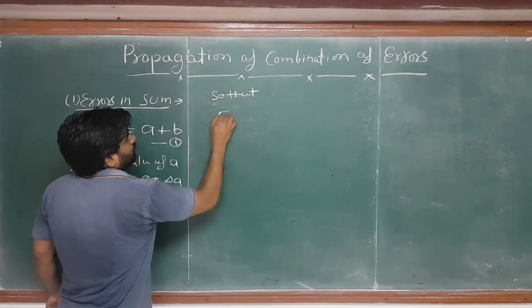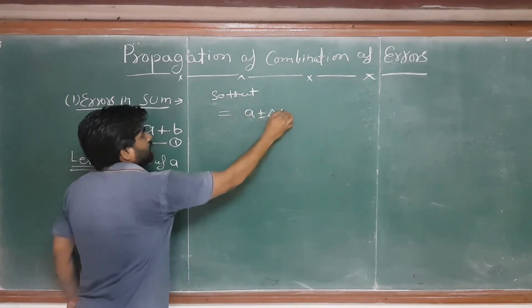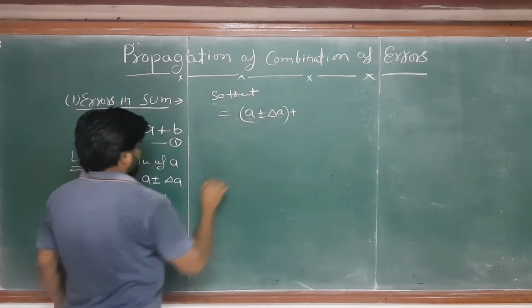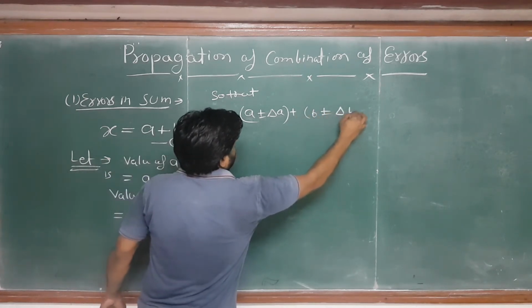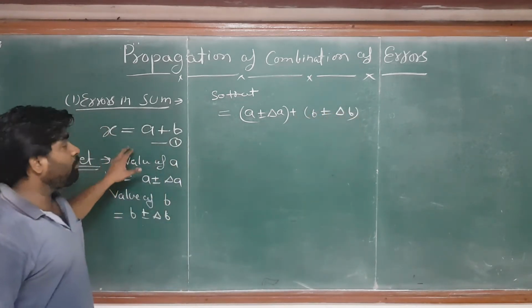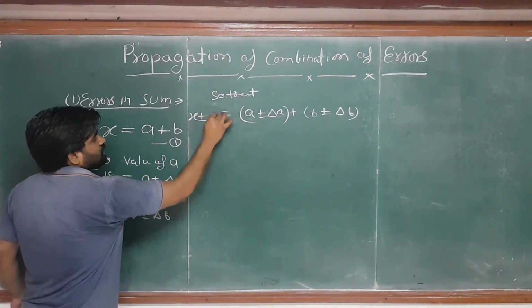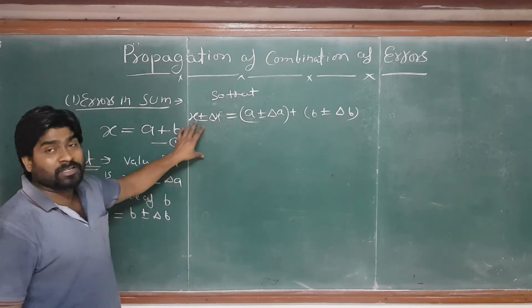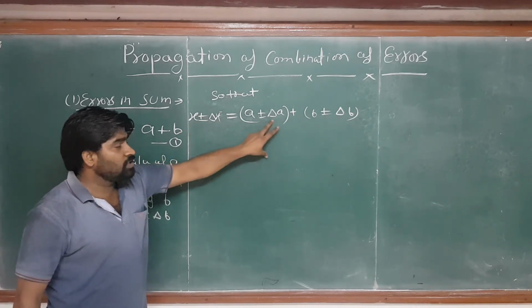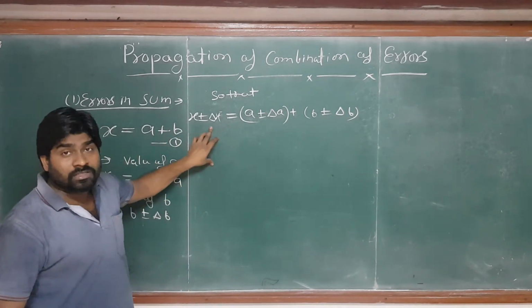On combining, a has a plus minus del a and b has b plus minus del b. So x cannot be only x, it will also increase or decrease with the error. So you have to write x plus minus del x. That's the change in value of a, the change in value of b, and this is the change in value of the result.